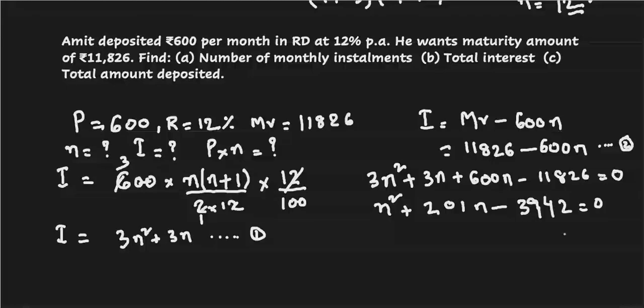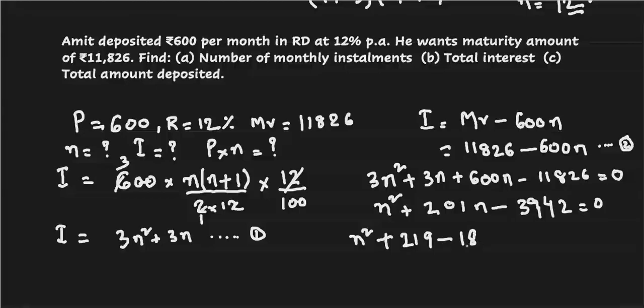So what happens here? You multiply 219 by 18, you will get this value. Okay, so you split it in such a way, n square plus 219 multiplied by 18, you will get. So this last digit is 2, right? So by which numbers you multiply? 8 7s are 56, 8 9s are 72.